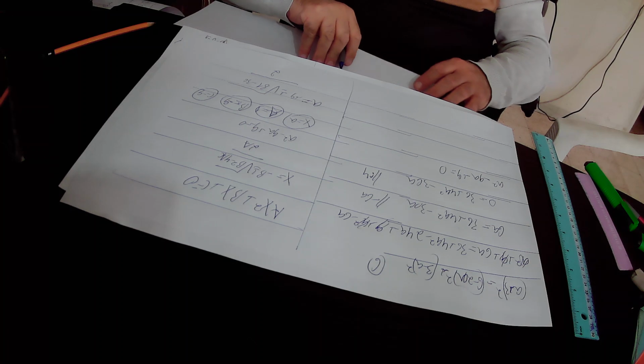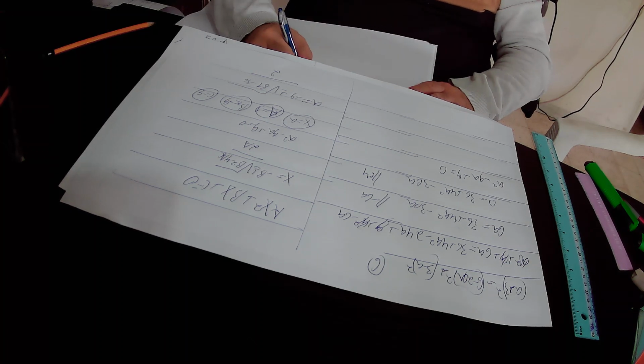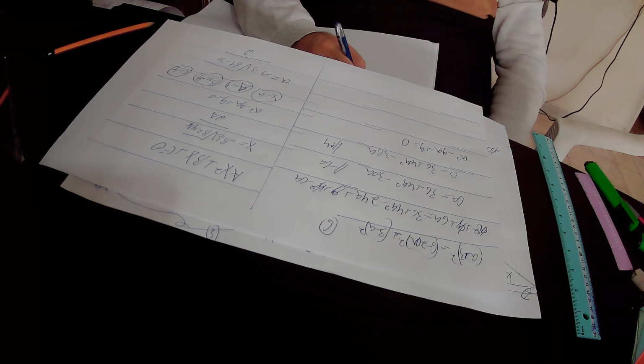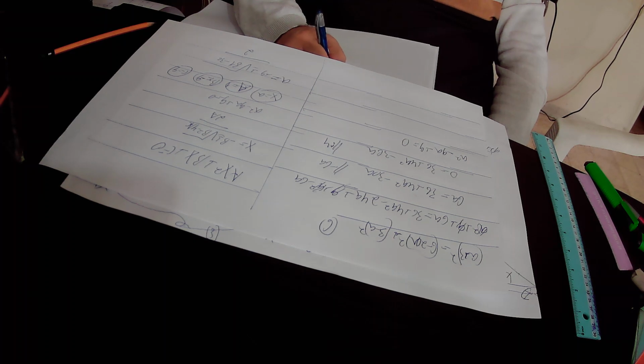So we found out that a, the radius of this small circle, a equals 9 plus minus, inside the root we have 81 minus 36. 81 minus 36 is 45, divided by 2.